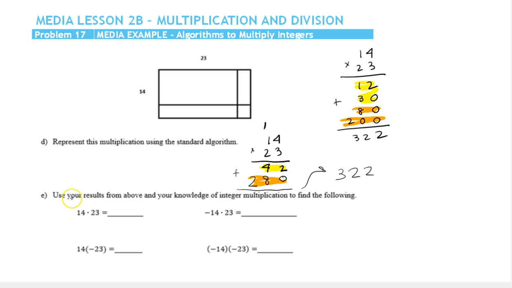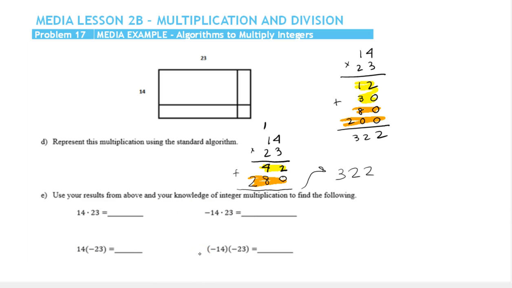So now it says use your results from above and your knowledge of integer multiplication to find the following. So you may look at this and say, oh no, there's 4 new problems, I have to do that 4 times. But you actually don't, because notice all of these have 14 times 23.